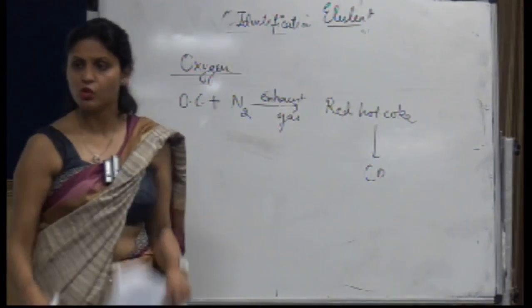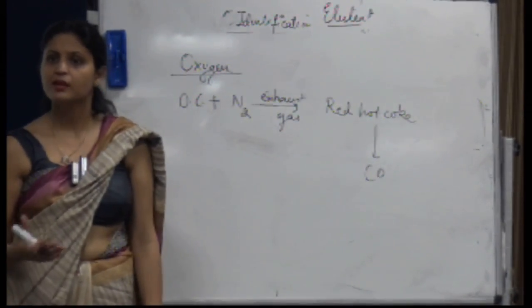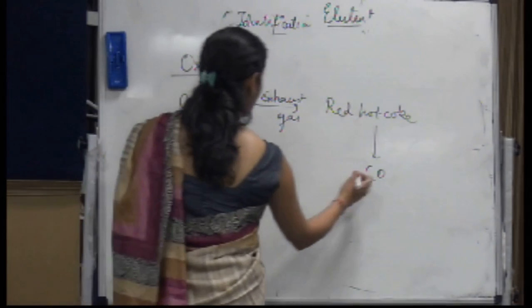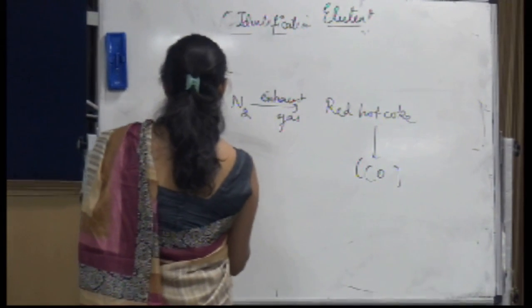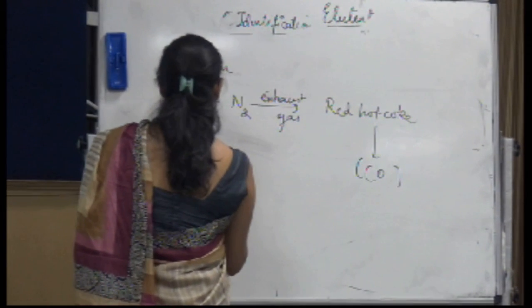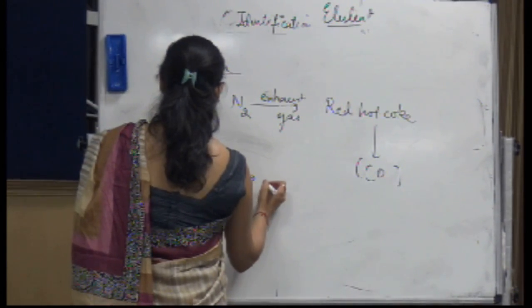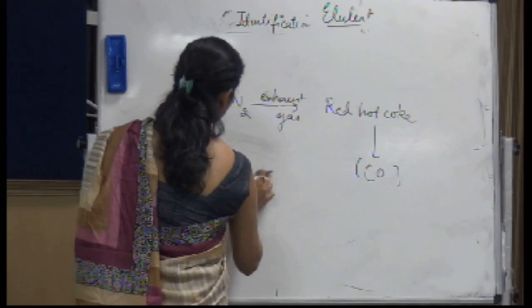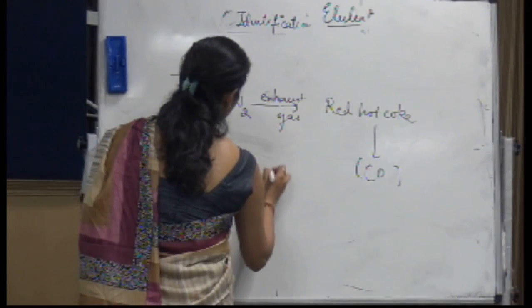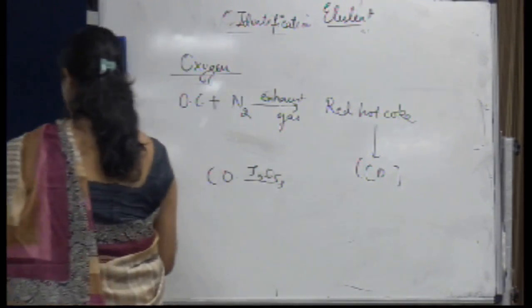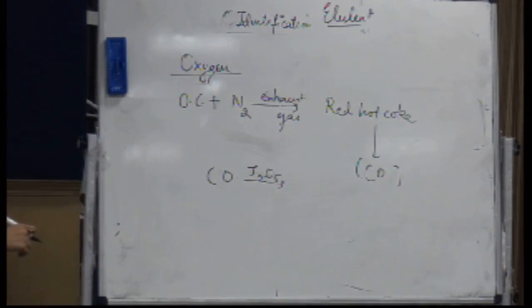That is what will form. What is there inside coke? Inside coal there is carbon, right? So coke will form carbon monoxide when all the oxygen is converted, and we will pass it over I2O5, which is iodine pentoxide.